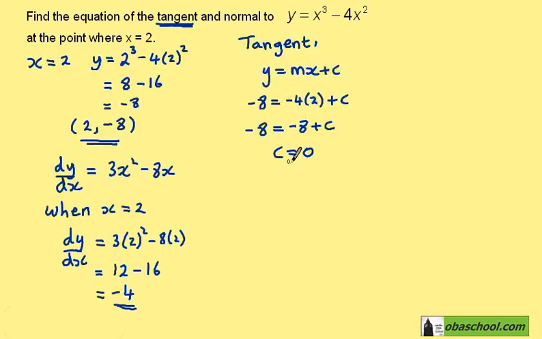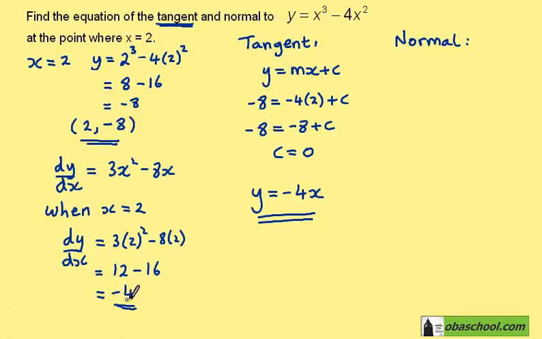Substituting back in, we now know m and c, so we find the equation of the tangent is y is minus 4x. We can now turn our attention to working out the equation for the normal.